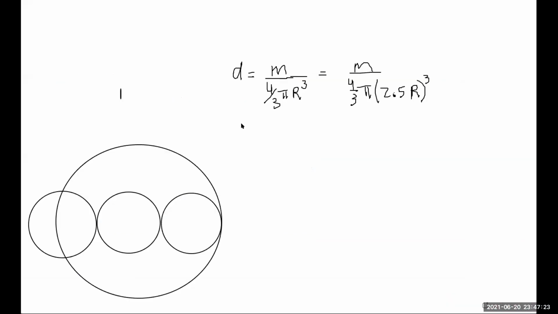So then what's going to happen? So then m over 4/3 pi, and then r cubed. And then 2.5 cubed came out to be what? 15.625, okay.